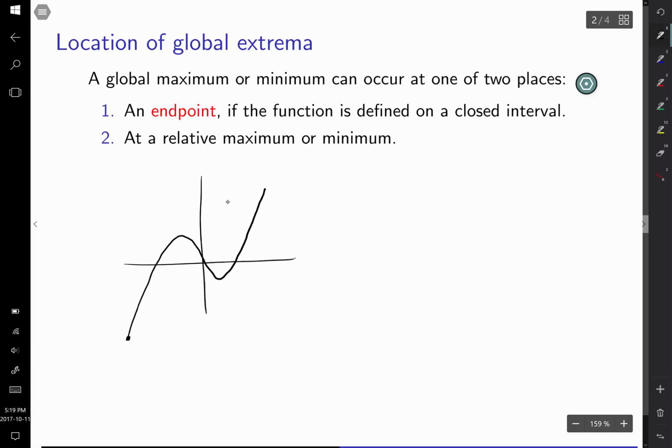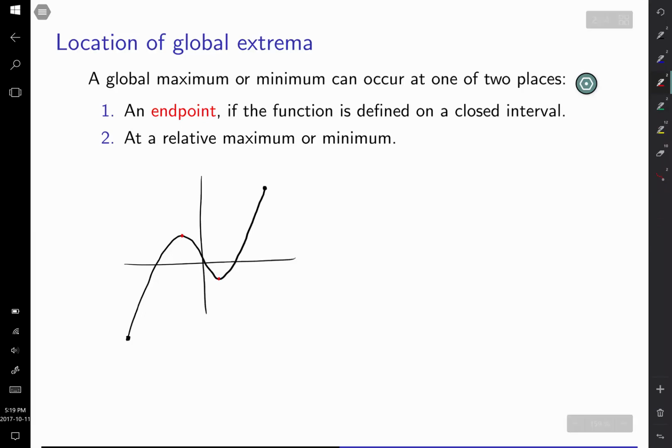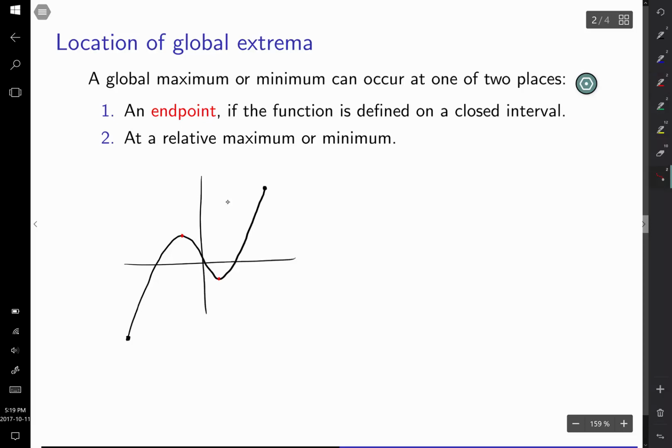And we start here, we end there, and there are a couple of local extreme values in between. There's a local max and there's a local min, but they're not the global max or min. The global min is at the left endpoint down here, and the global max occurs here at the right endpoint.